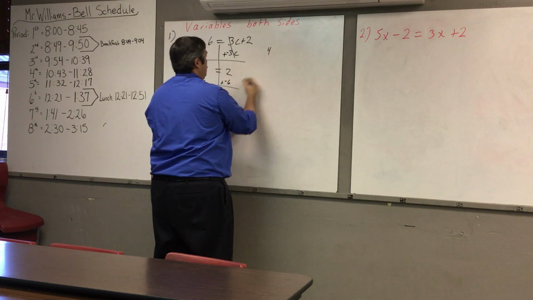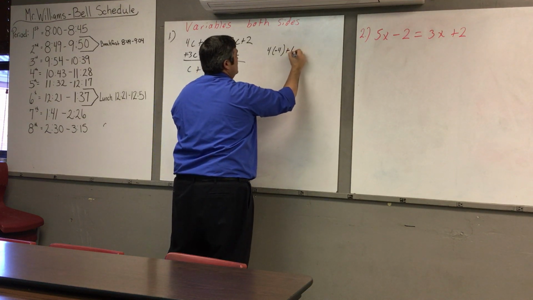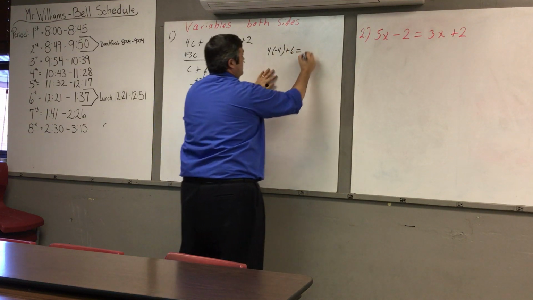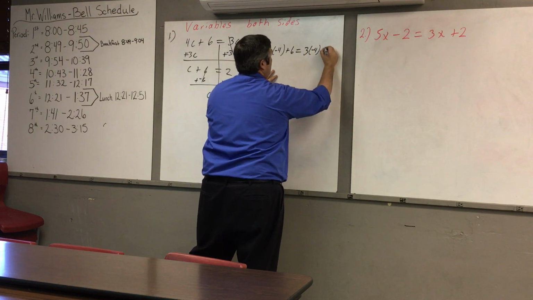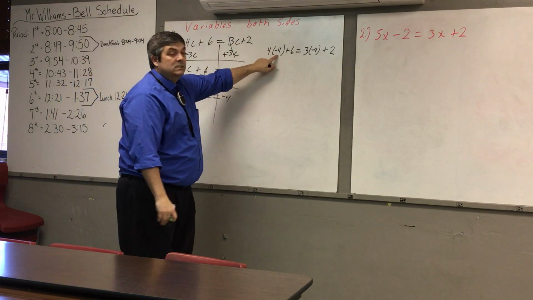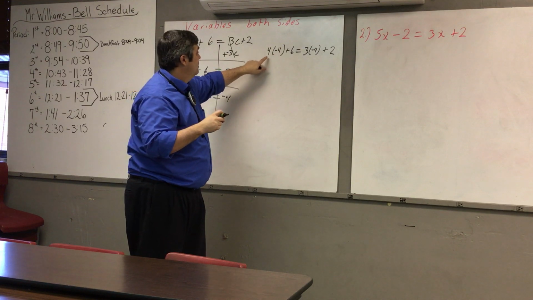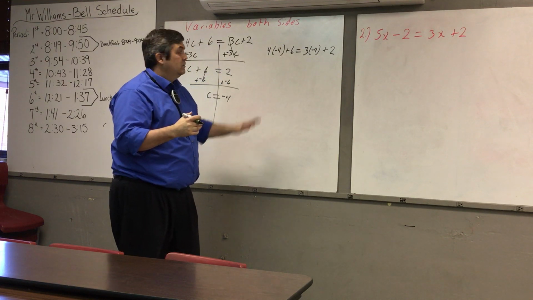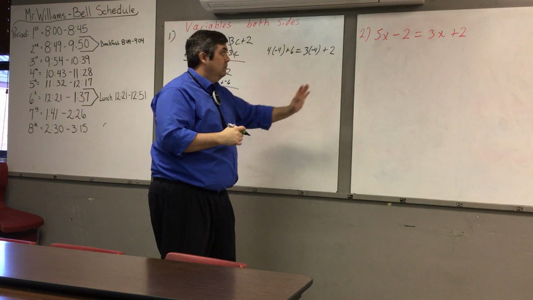So 4 times negative 4 plus 6 equals 3 times negative 4 plus 2. That's what that looks like. Now, I put these in parentheses to show that multiplication, because otherwise it would look like 4 minus 4. Okay, so I went ahead and substituted it in there just so that you could see what's going on here.